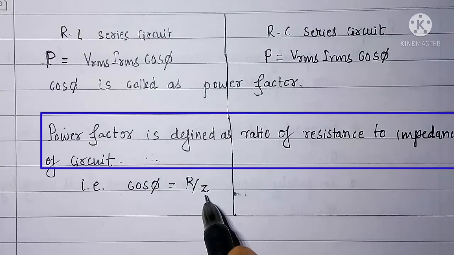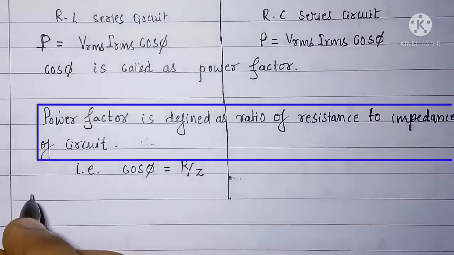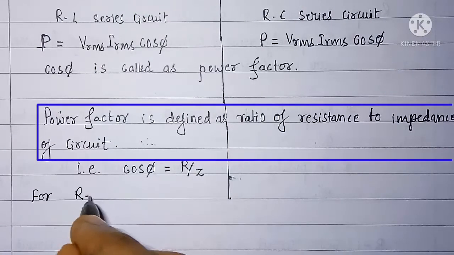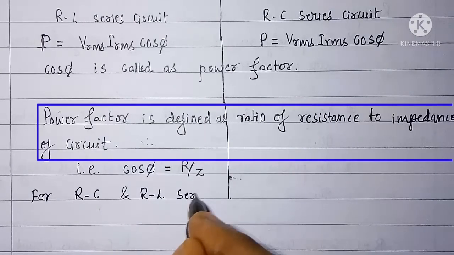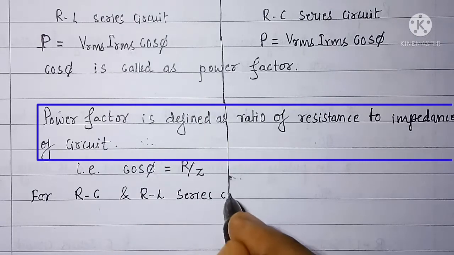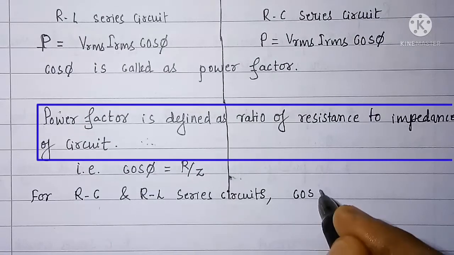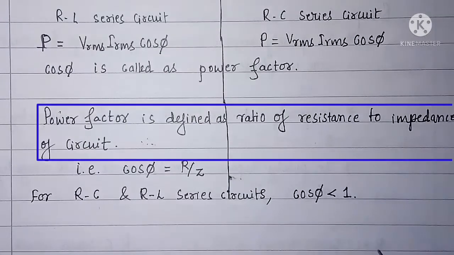In inductive circuit, Z is R square plus XL square under root, and in capacitive circuit, Z is R square plus XC square under root. For RC and RL series circuits, cos phi is less than 1.